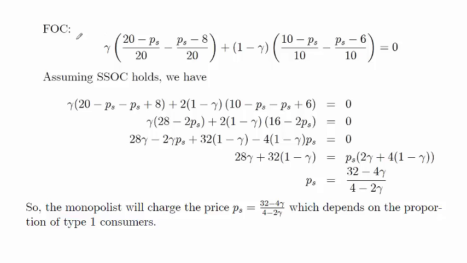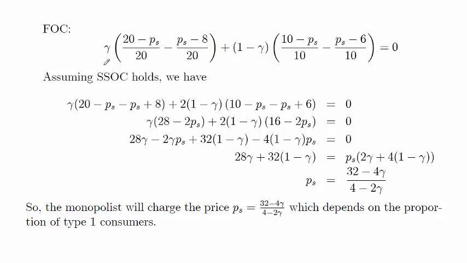The first order condition is going to show us the optimal point, right? So we take the derivative with respect to PS from our expected profit function. I trust that you just follow my derivations here. You can double check them mathematically.